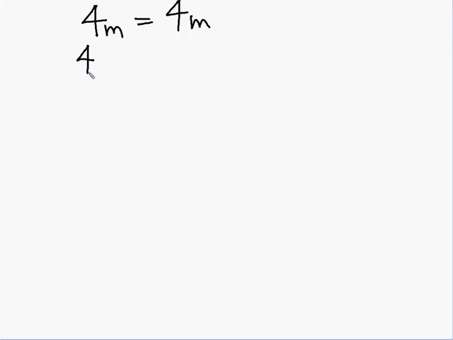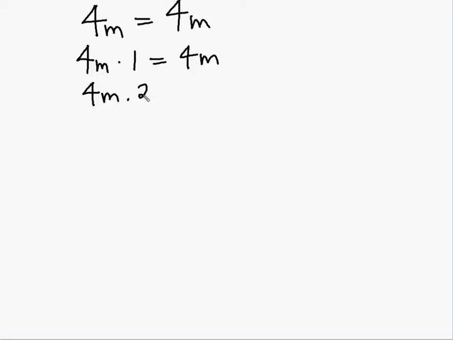My next step might be to do this. If I multiply 4 meters by 1, I still have 4 meters because any value that's multiplied by 1 is still the same value, one of those math properties. Also, if I alter the 1 but still maintain the equivalent, then I will not have changed my original equation.